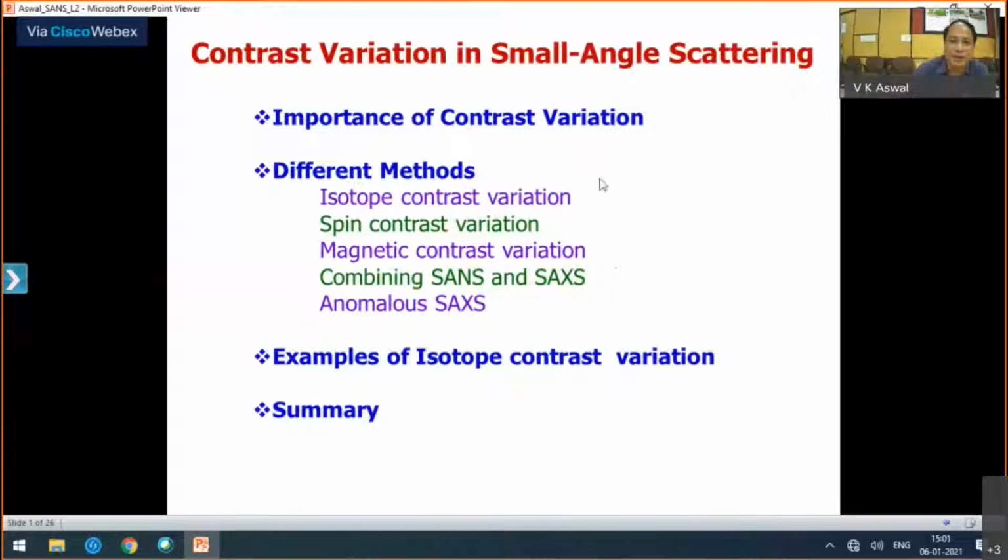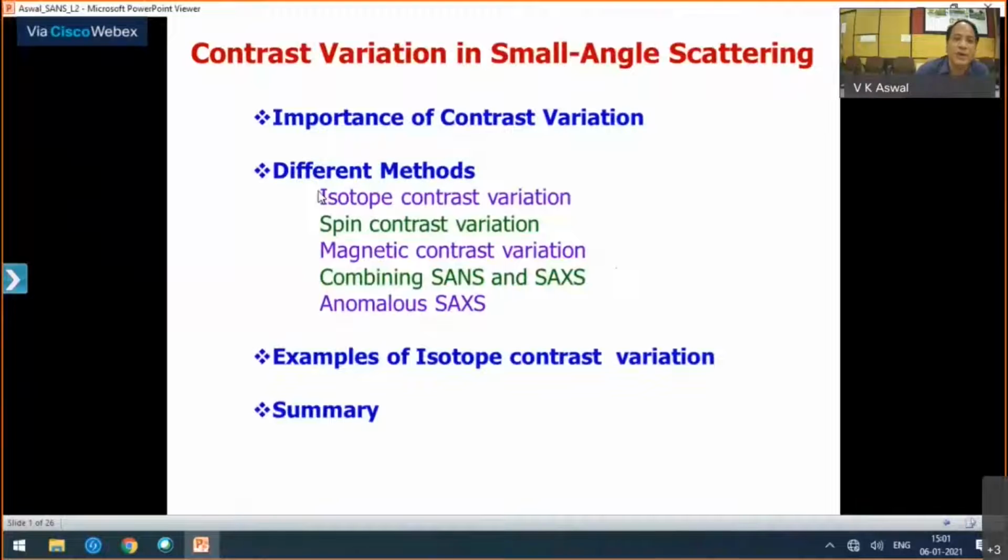The outline of this lecture will be like this. I already said in the last lectures that contrast variation is important in the case of small angle neutron scattering, and that is what makes this technique unique compared to other complementary techniques like microscopy techniques. And the good thing is you will have many ways to change the contrast in the system.